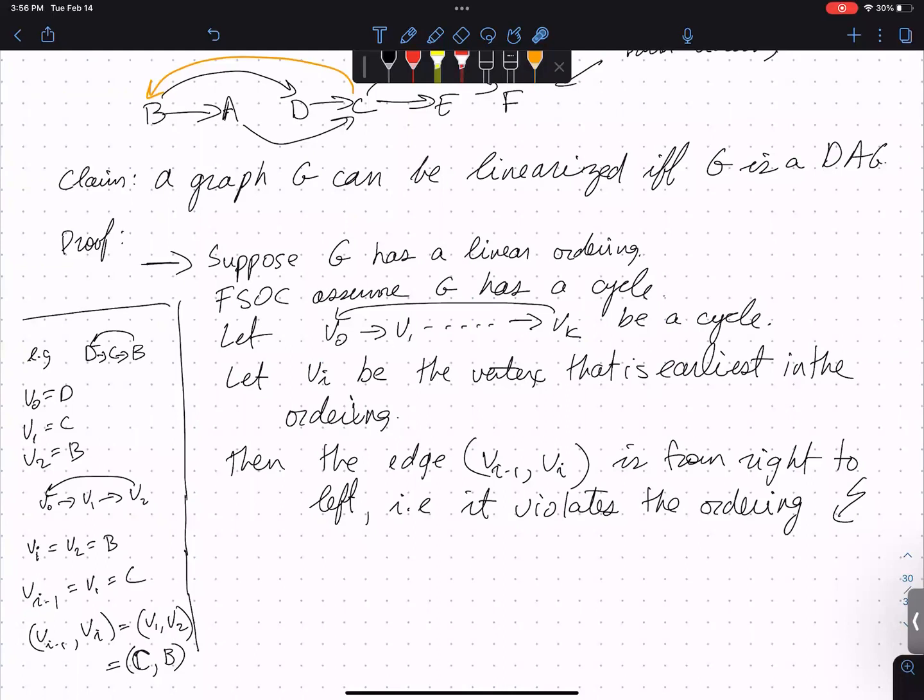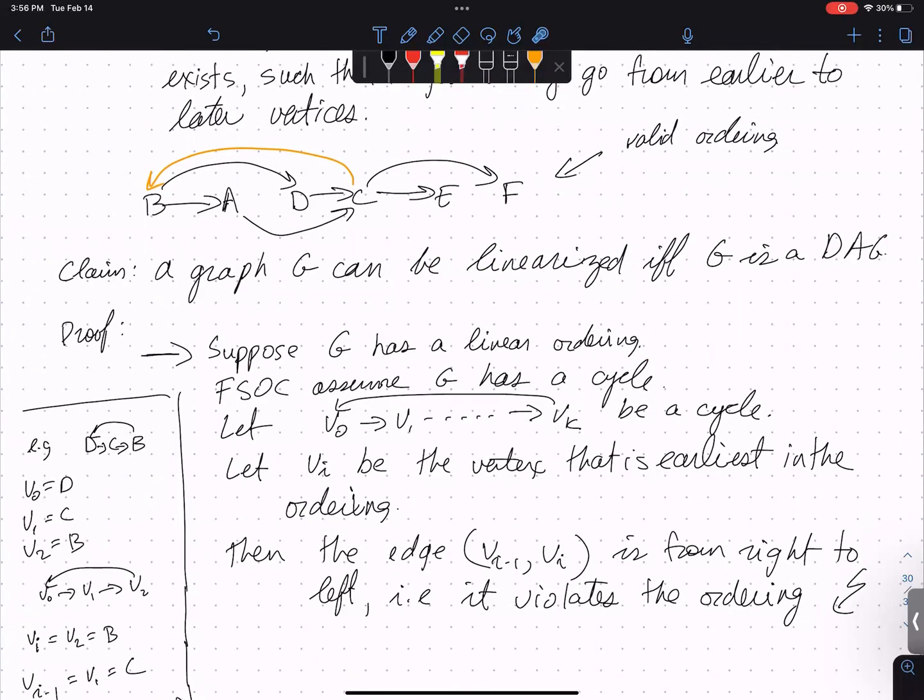Once you fix an order, whatever this order is, then there's only one that's going to be earliest. But if you look at all the possible orderings, then any one of these on the cycle could be first.